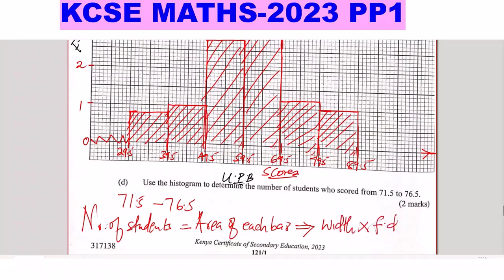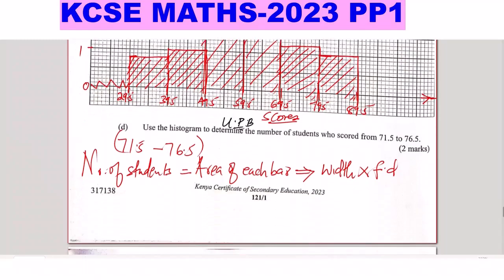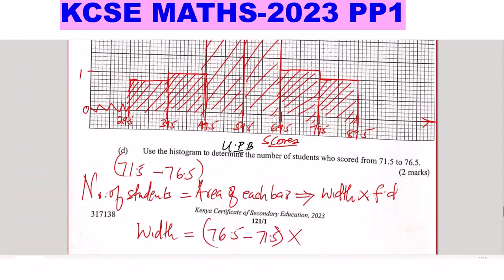Now, for example, for us to get the width of this bar from 71.5 to 76.5, the width will be the difference of the scores, 76.5 minus 71.5. That will be the width, then multiply by the frequency density.